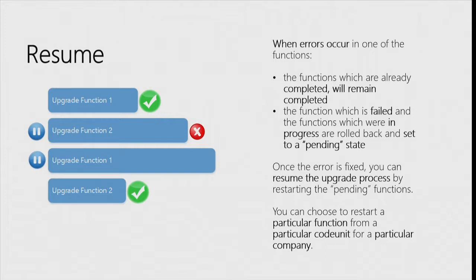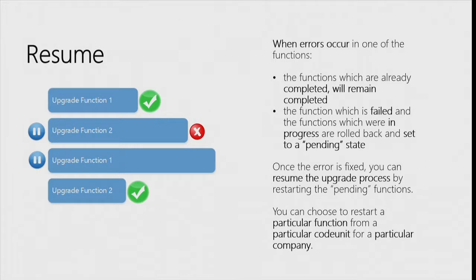And we also explored the resume capability. When an error happens, the functions that are completed remain completed. The functions that failed and the ones that were in progress roll back, and then they become pending, and you have the opportunity to fix those functions and then rerun your data upgrade without running the functions that were completed.